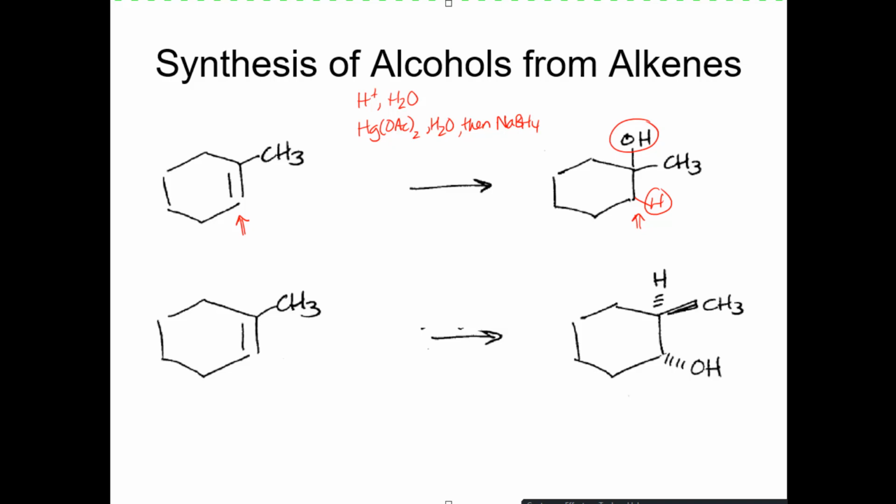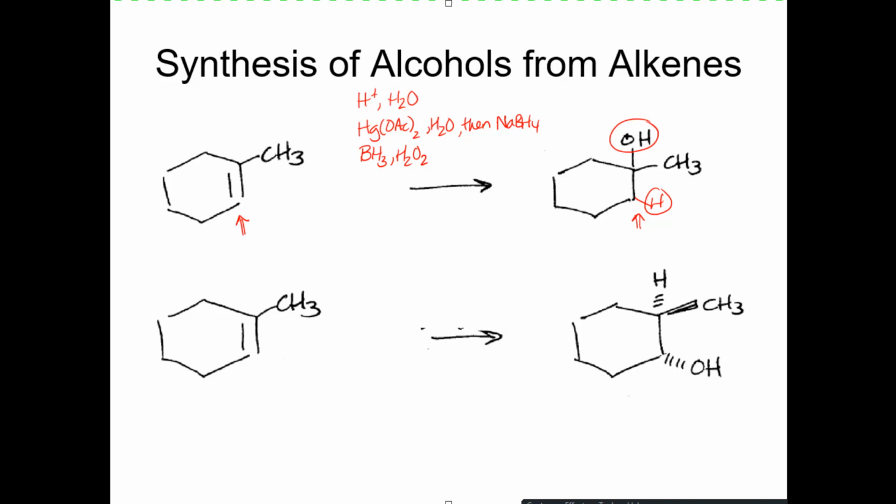What else could I use? BH3, then H2O2. What's that? Hydroboration-oxidation. Any other reagents I could use to add an H and an OH across the double bond? I think that's it. So, what reagent or reagents can I use in this reaction to make this molecule?